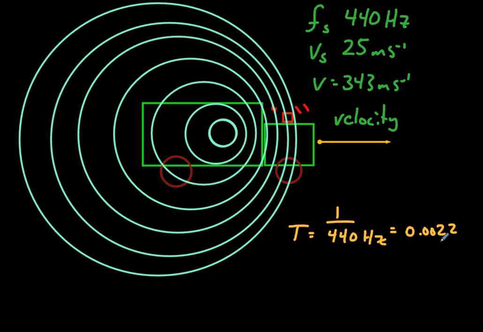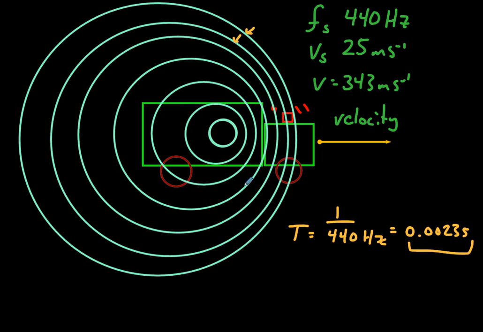Between each of these wave fronts, we have a fraction of a second, like 0.0023 seconds between each wave front that gets emitted by the source. Do you agree with that?